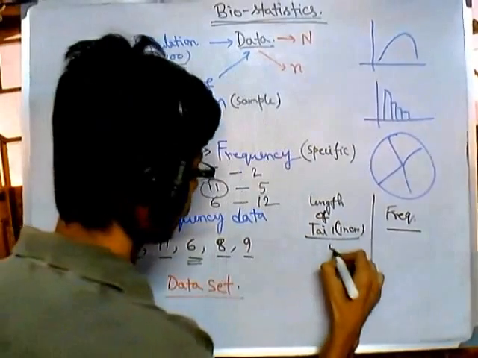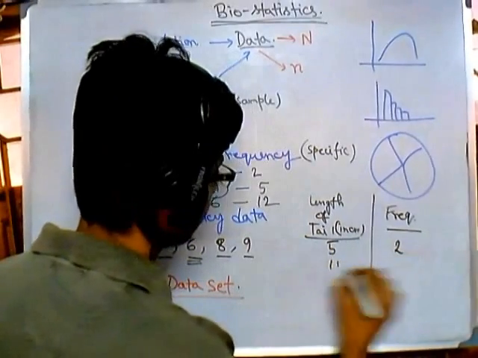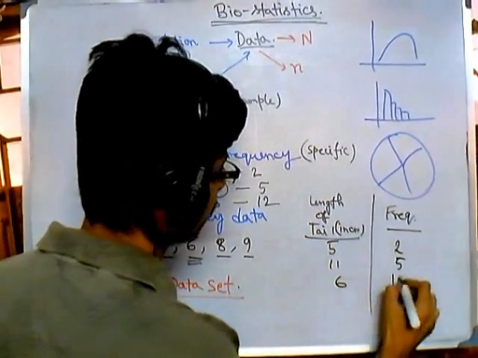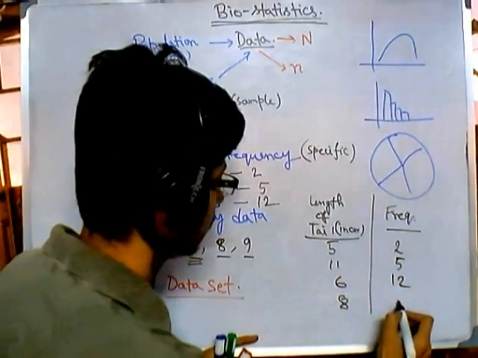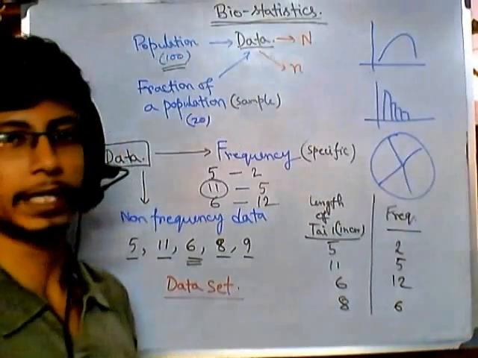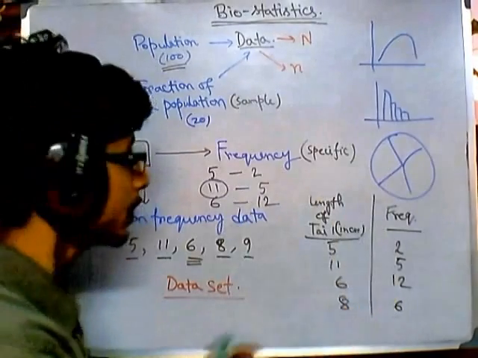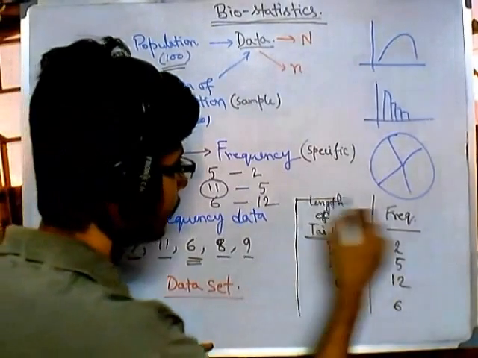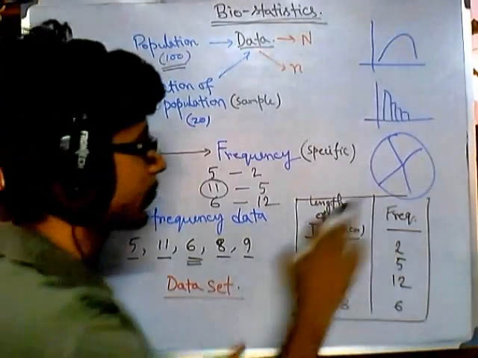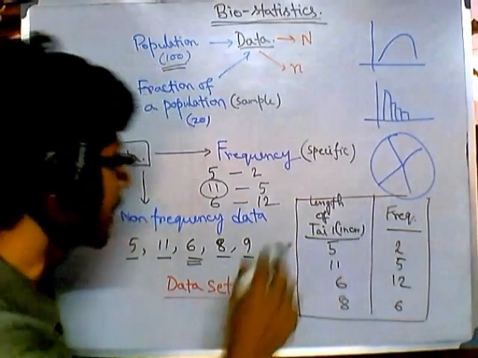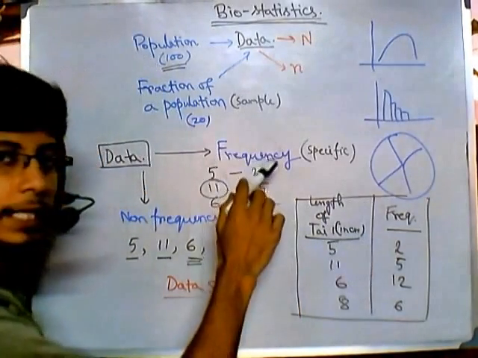They are telling you that for 5 it is 2, for 11 it is 5, for 6 it is 12. So they are giving a bunch of data. For example, for 8 it is 6. They are giving a bunch of data like that in a tabular form. Now we call this type of table a frequency distribution table. This is a frequency type table, and this type of data is called frequency data.